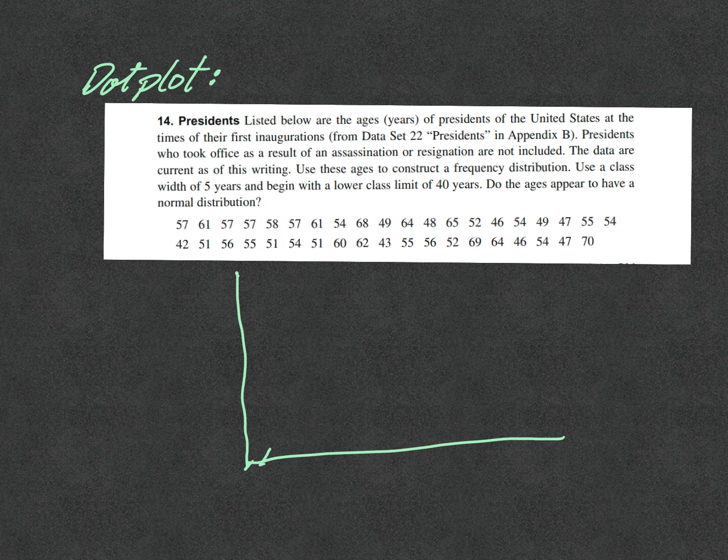And so I would let you know that it's 0 right here. And I'll probably start at age 40 and go to age 50, 60, 70. And then I would keep frequencies 1, 2, 3, 4, 5, 6, 7, 8, etc.